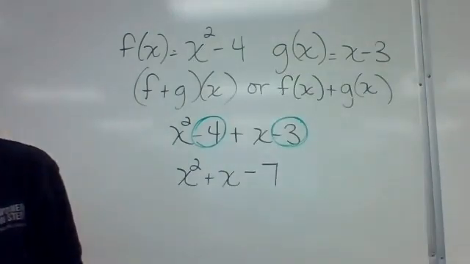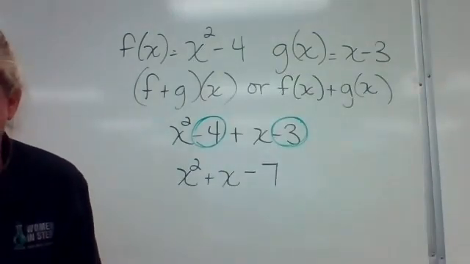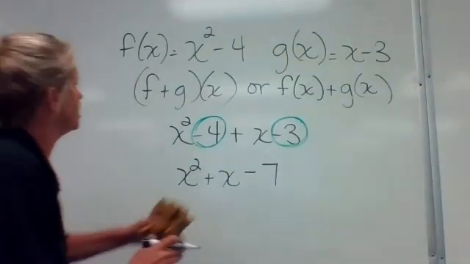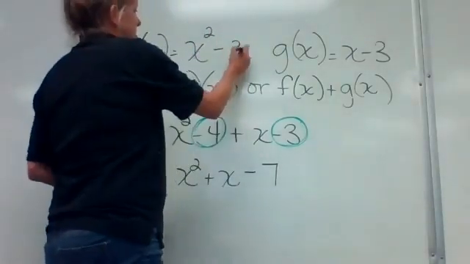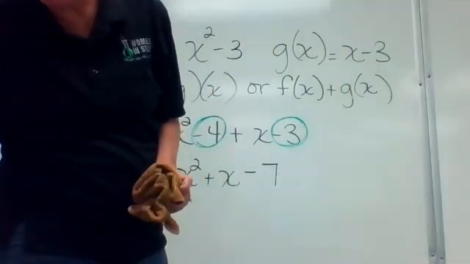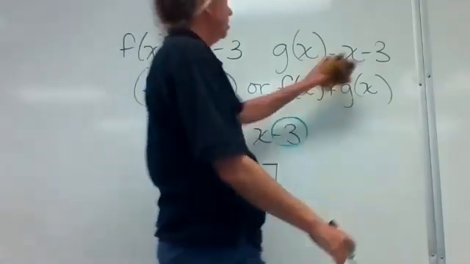All right, number 2. This time my f of x is x squared minus 3. And my g of x is x minus 2.